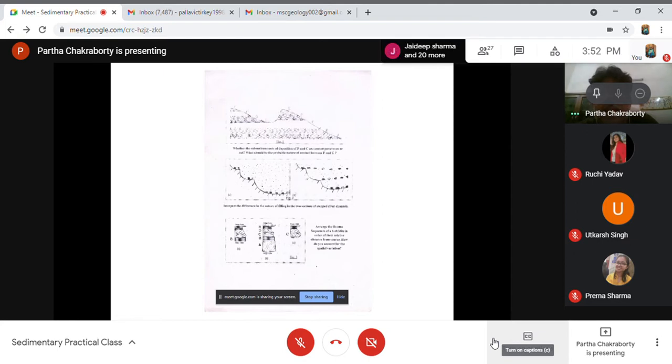Consider the sub-environments of deposition of F and C, you can see F and C. Are they contemporaneous or not? What should be the probable nature of contact between F and C?